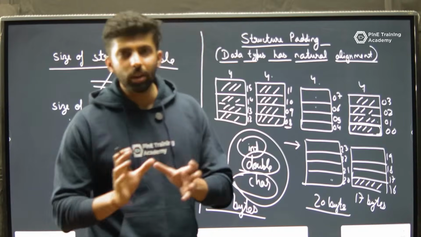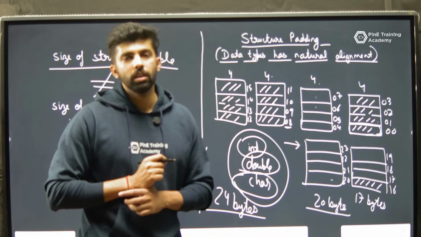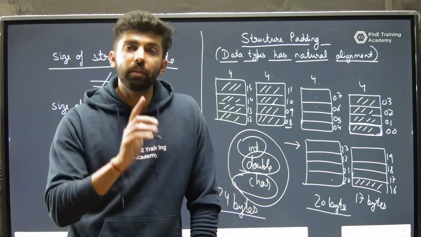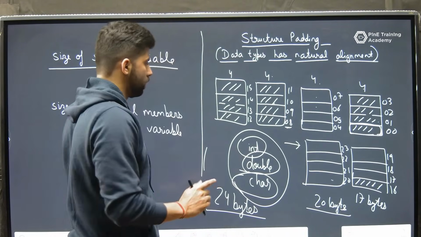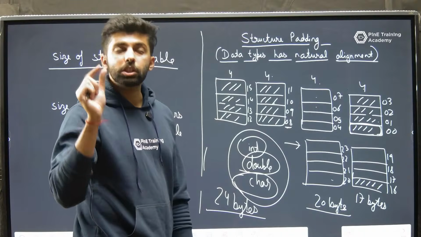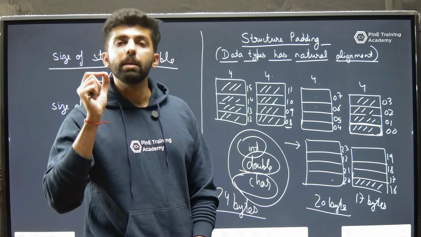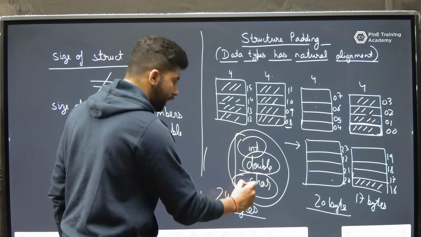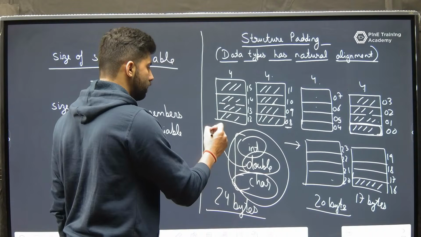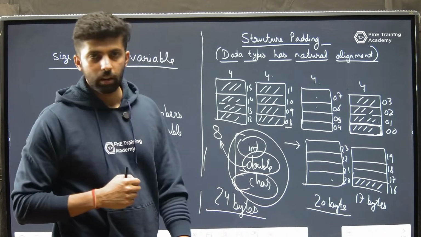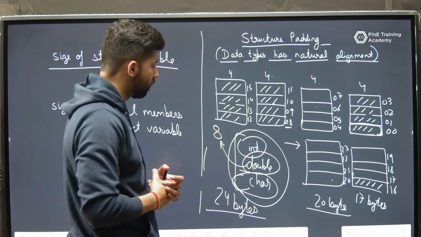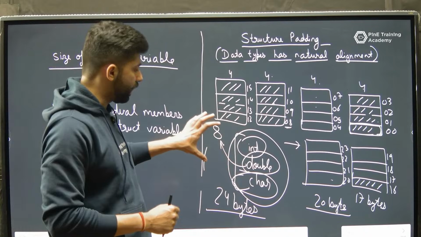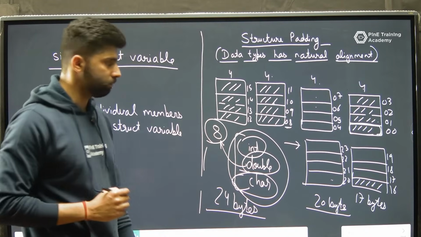Because the total size of a structure variable should be the multiple of its largest data member. Out of these 3, the largest is double, which is 8, right? Which takes 8 bytes. So the total size of this particular variable should be the multiple of 8.